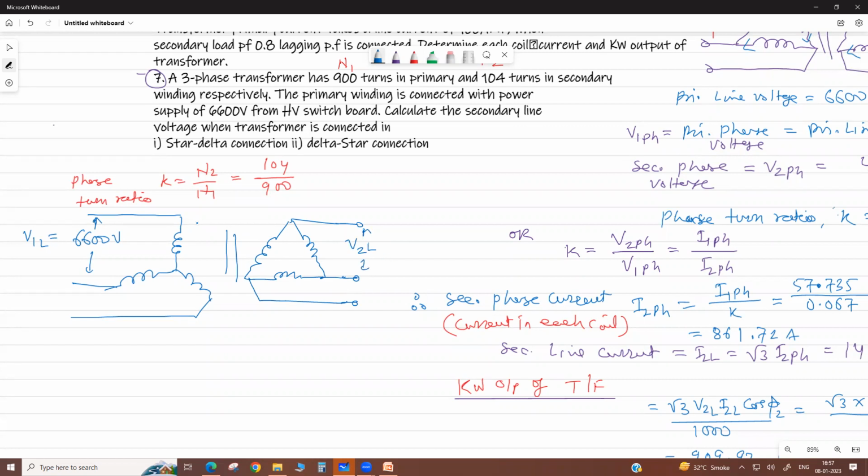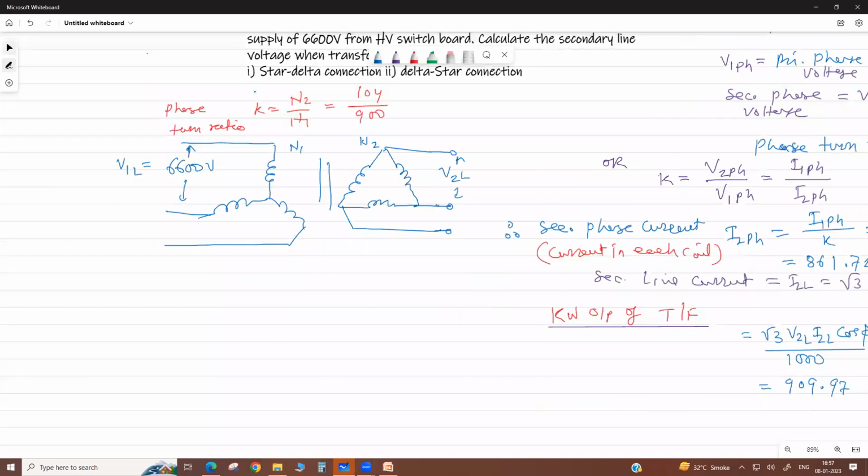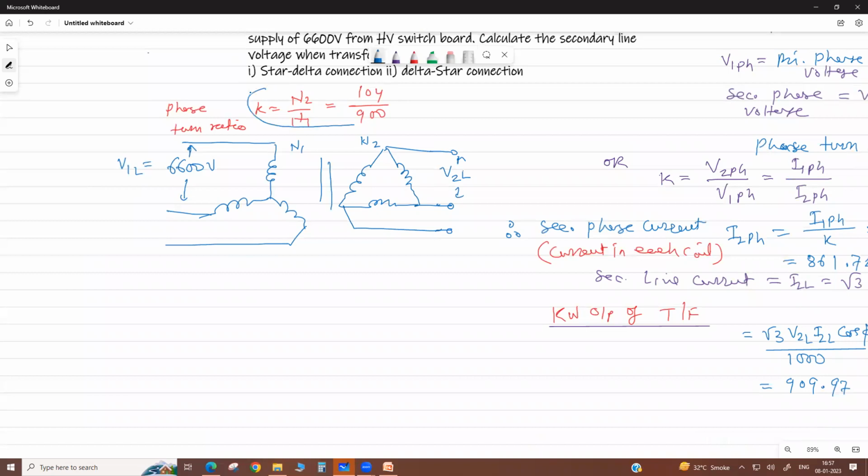Turn ratio, here it is N1, here it is N2. Same, because this is a per phase turn ratio. That's why first you write the primary phase voltage.